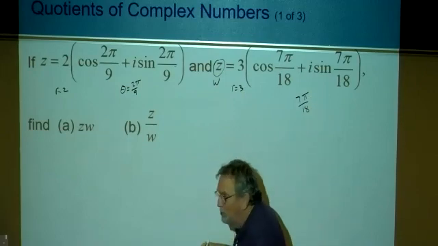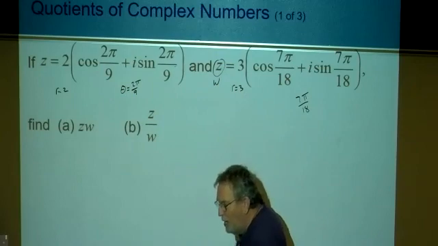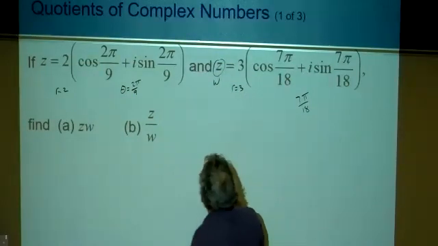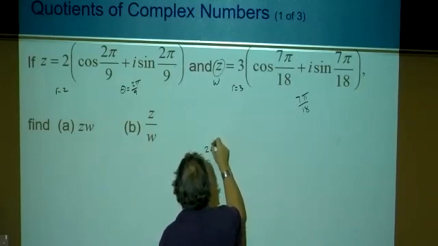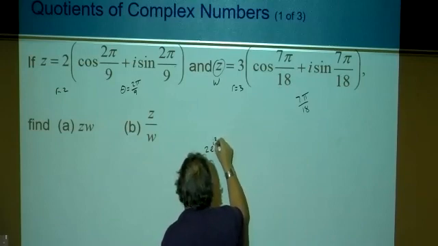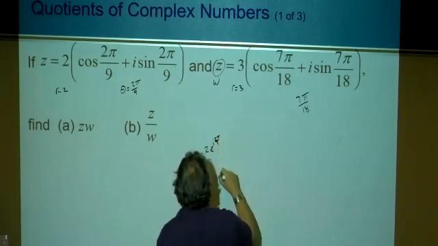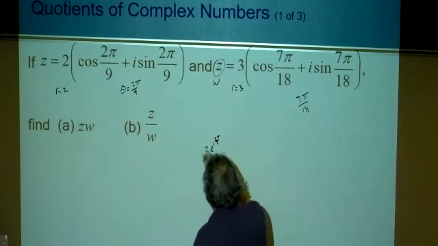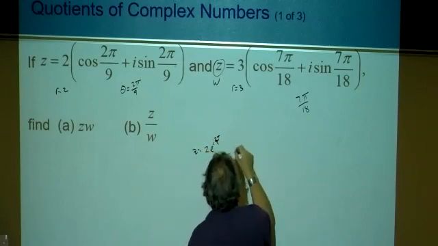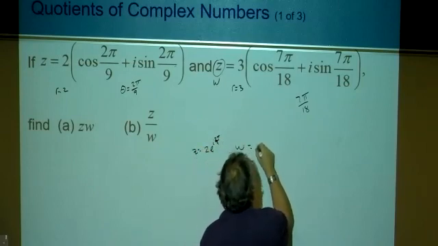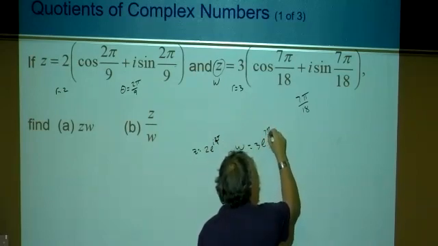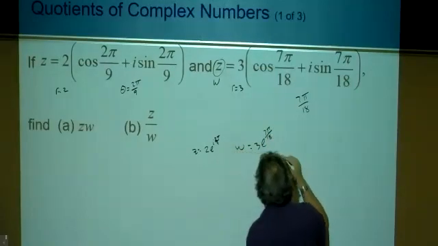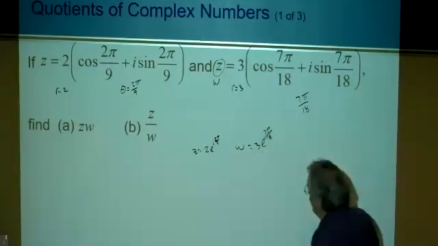So the two points in exponential form: the first one is 2e to the i times 2 pi over 9, and that's what z is. They put i in front, so I'll do the same. And w is going to be 3 times e to the i 7 pi over 18.